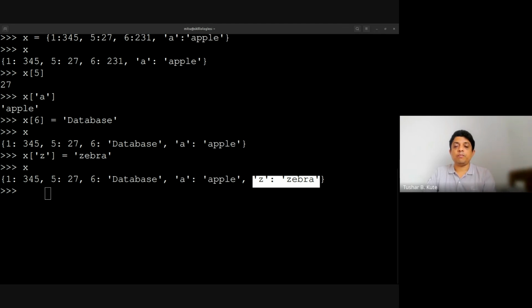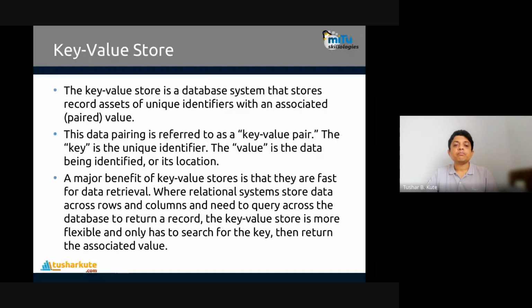Fine. So the major benefit of this key value store is that they are fast for data retrieval, because when you have the key, you directly access data from that particular key. Where relational systems store data across rows and columns and need to query across the database to return a record, key value store is more flexible, has to search for the key, then return the associated value.